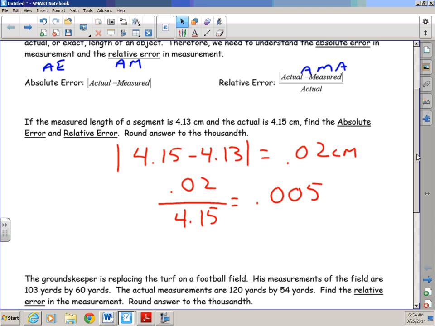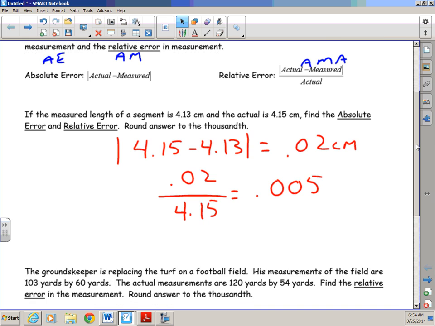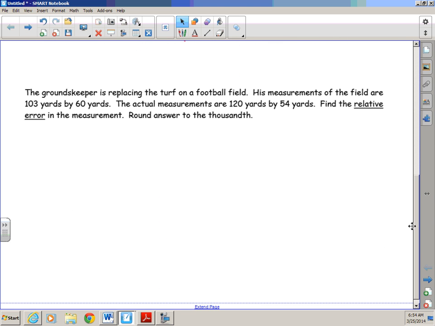Okay. Now, in the example below, we're measuring a turf football field, and we have actual and measured amounts. We want to know the relative error in measurement for the area of the football field, because he's replacing the turf.